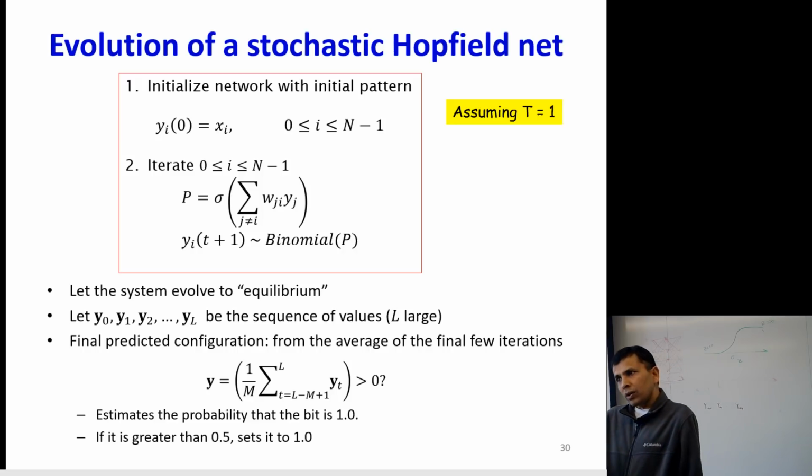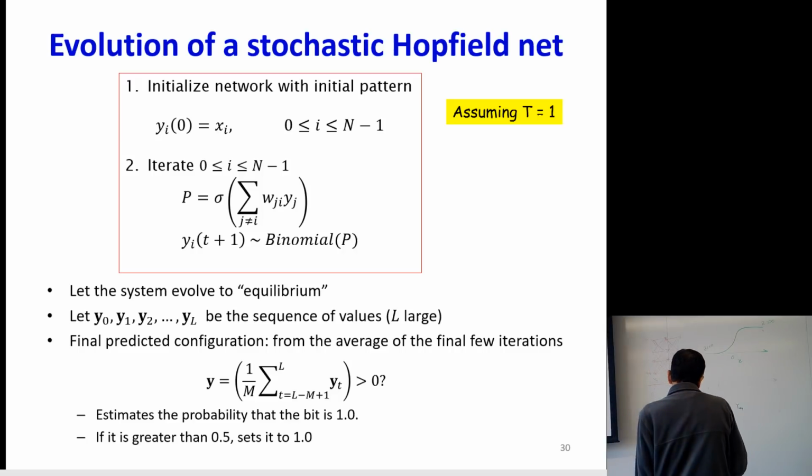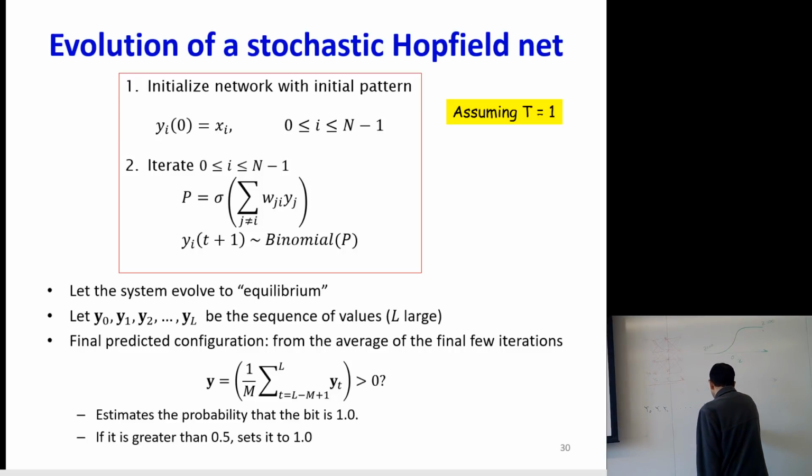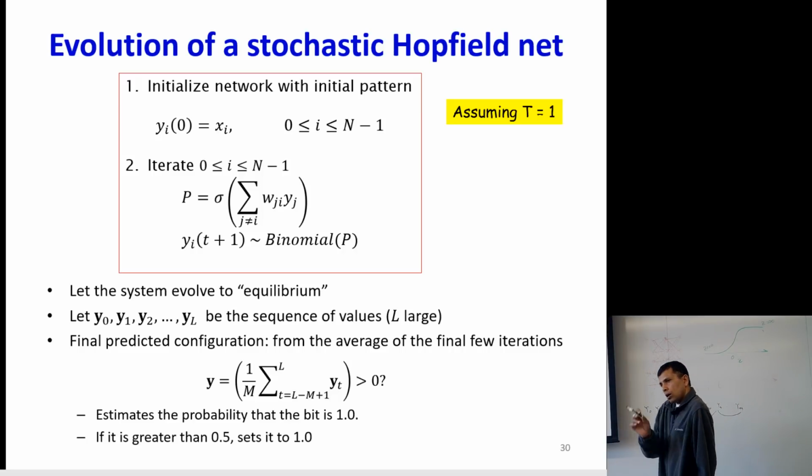Now, if you consider any small window of evolutions and compute the probability distribution over that window, at some point that probability distribution is going to begin to converge, right? And when it becomes stable, then we will claim that the network system is in equilibrium.